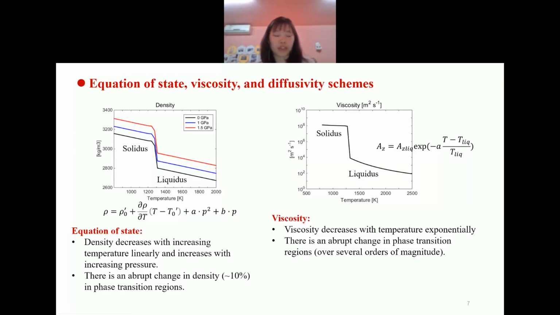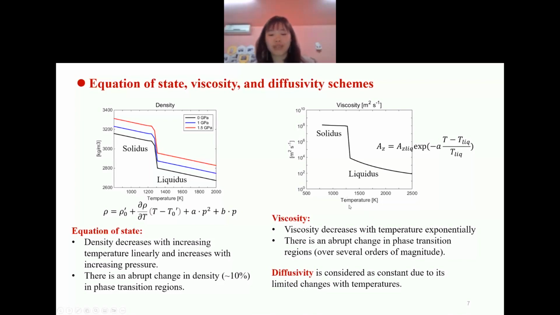But to save computational resources, we only use several orders of magnitude variation in phase transition regions, and just need to make sure the viscosity below the solidus is strong enough to reduce the velocity to around zero. For the diffusivity, considering its limited changes with temperature, this parameter is currently considered constant.